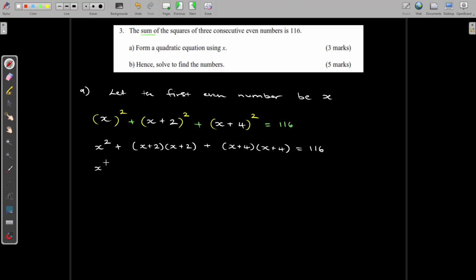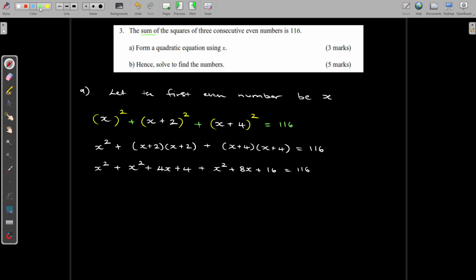So now that's x squared plus, expanding this, x squared plus 4x plus 4, plus, now over here expanding this would give us x squared plus 8x plus 16. All of that is equal to 116.